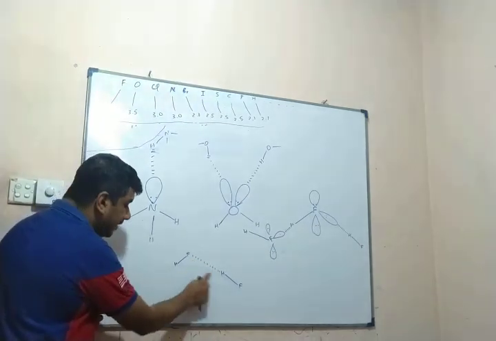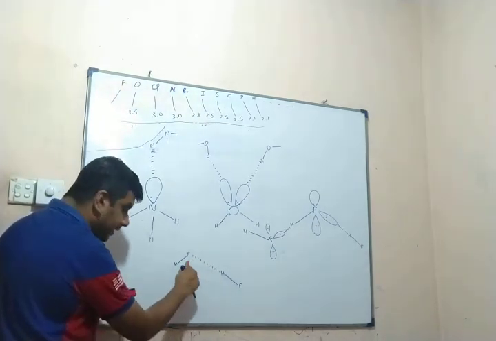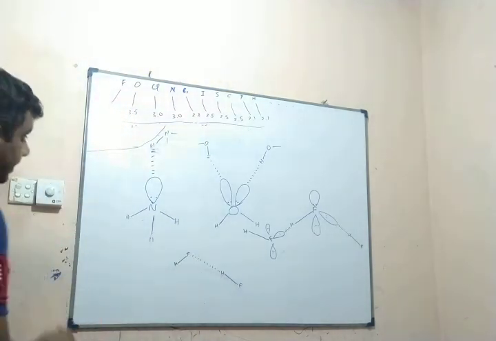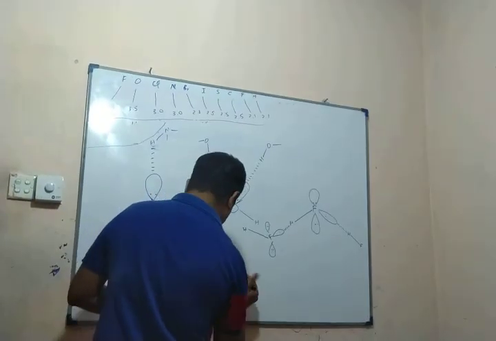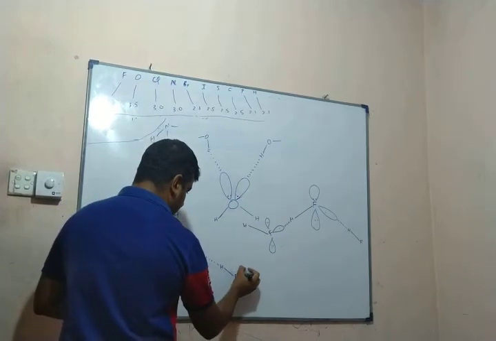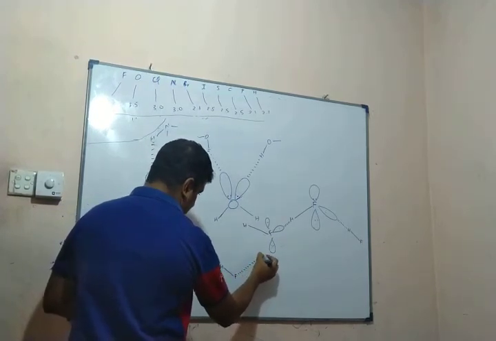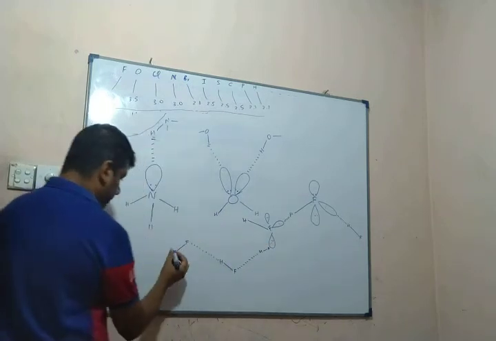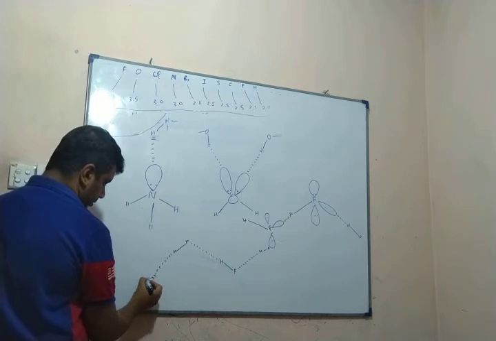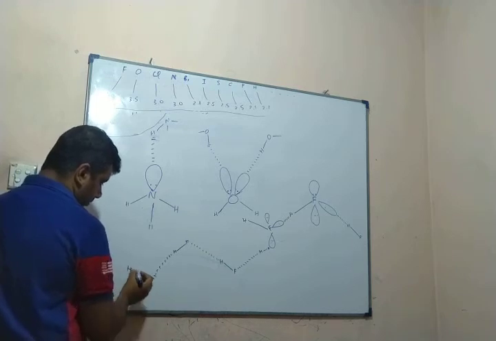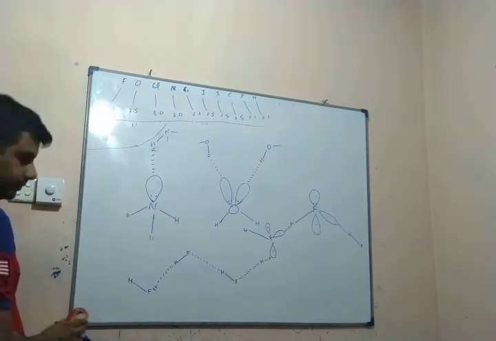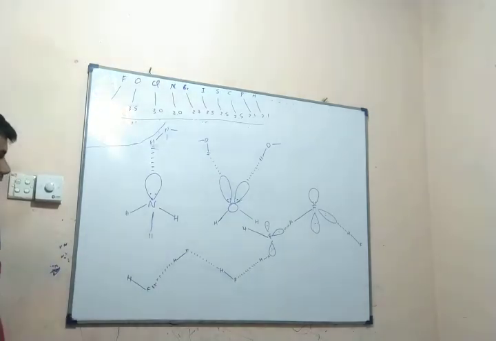Why? The hydrogen bond is very weak. This one is very strong, so it should be shorter. Right? This is the correct way. Like this. So this should be linear. Okay?